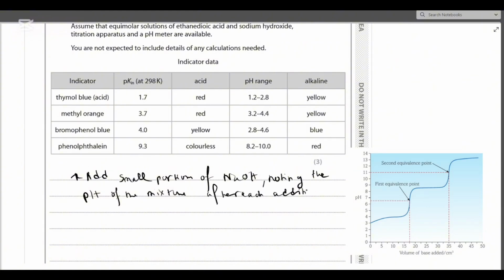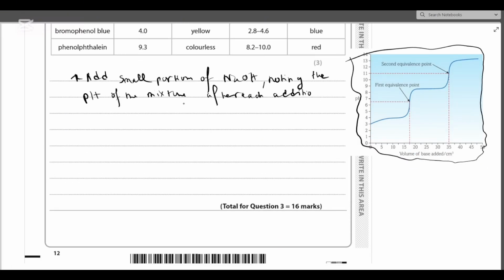This will help us draw a graph of something like this. You should use a pH meter because it will provide a much more accurate reading of the pH.